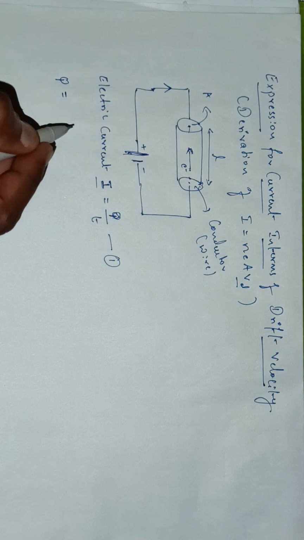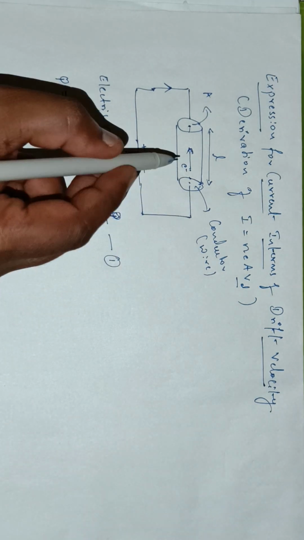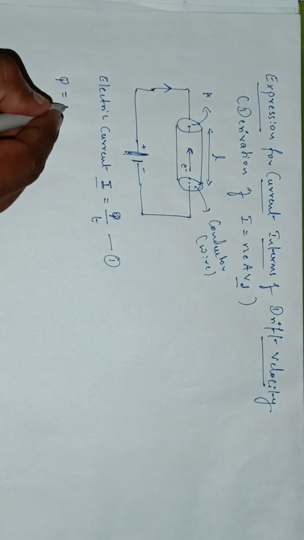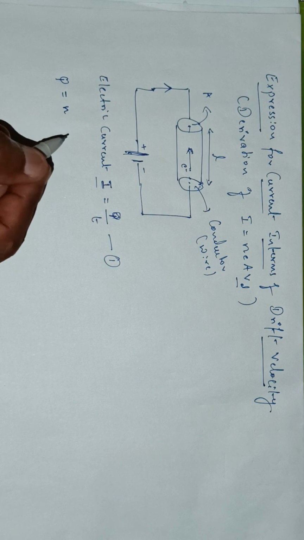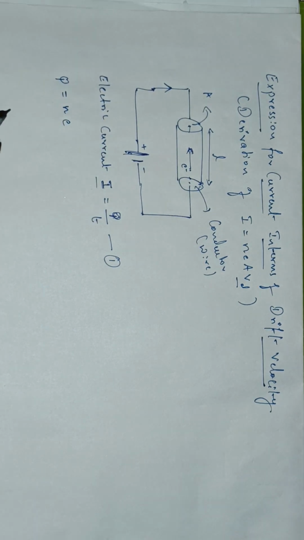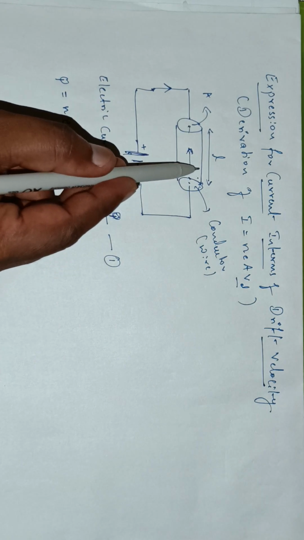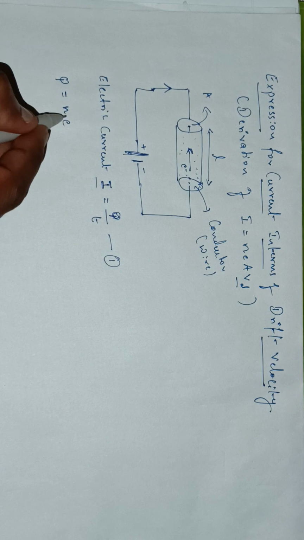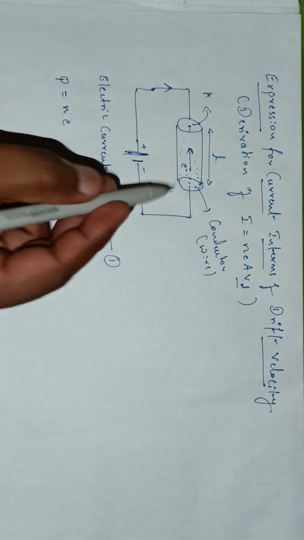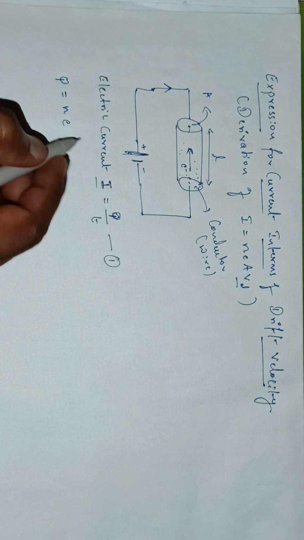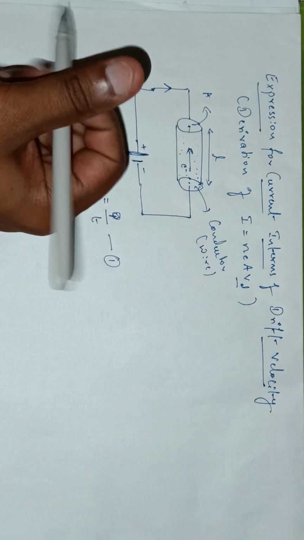Q is equal to, so there will be n number of free electrons inside the conductor. For that we write n, and each has charge e. There will be n number of electrons inside the conductor, that is the reason for n into e, and the total volume of the conductor. Total volume can be defined as length into area of cross section.